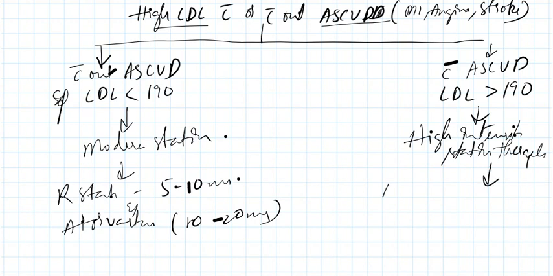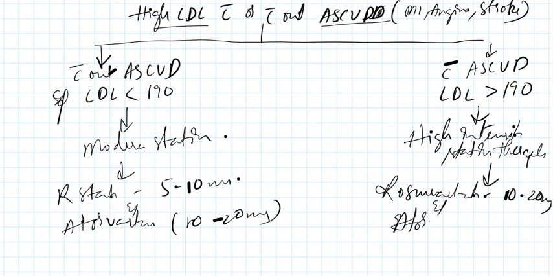You give rosuvastatin 20 to 40 mg, and atorvastatin 40 to 80 mg. Okay, that is all. If a patient came and you diagnosed that he has high LDL levels with or without ASCVD, that is how you approach.